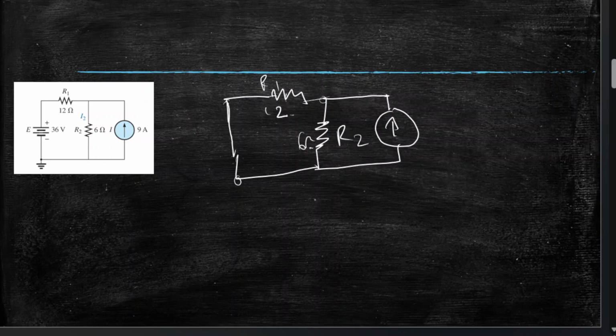ohm will be different. And to find the current flowing through R2, we will have to employ the current divider rule.